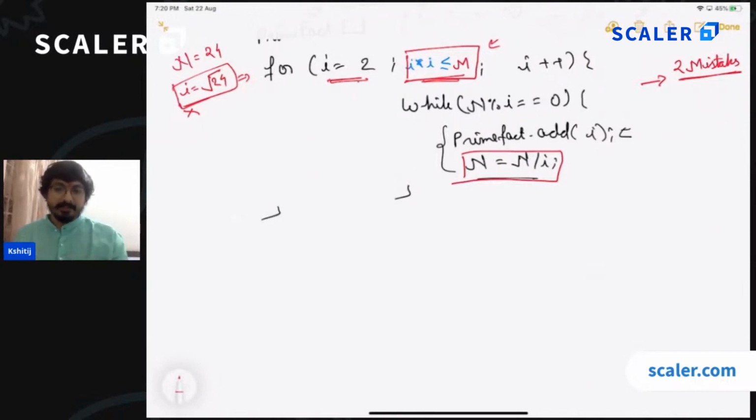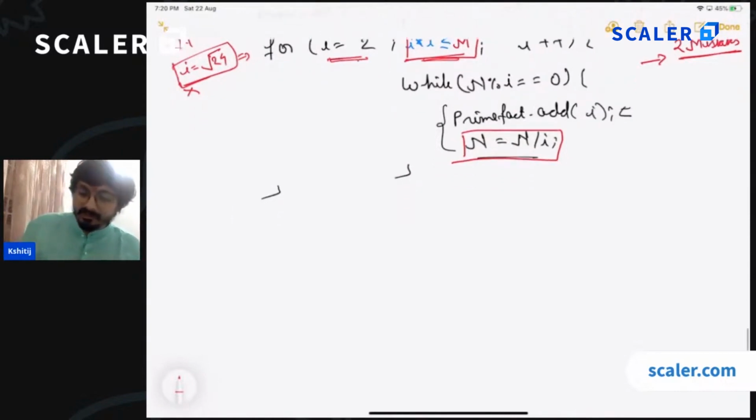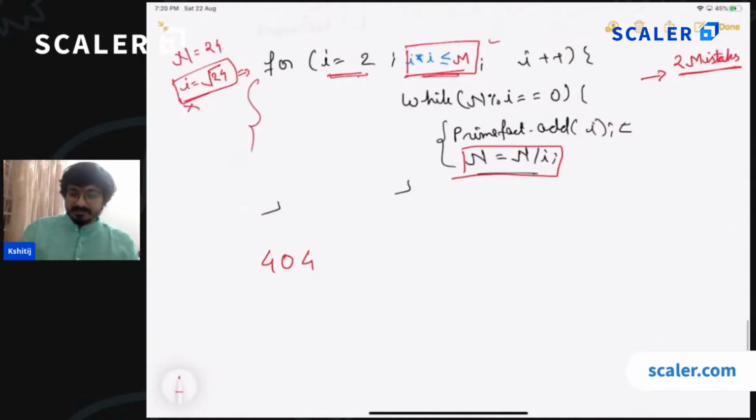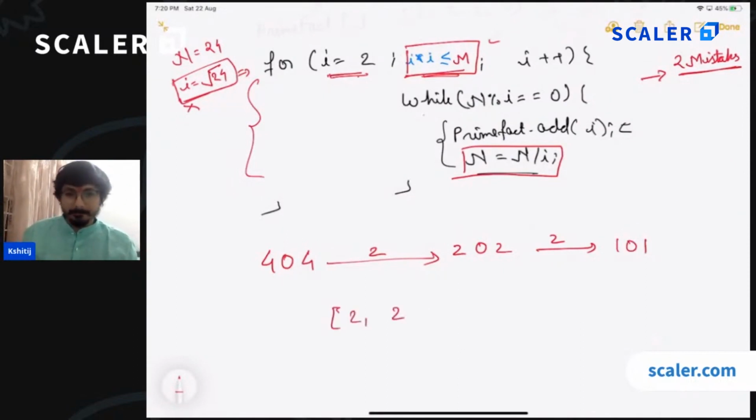For example, let us talk about 404. Okay, so for 404, how will this loop run? We'll start from 2. We check that 404 is divisible by 2. We divide it. Then we again check that this is again divisible by 2. We divide it. Now we have added 2 and 2 in the array. Now this is not divisible by 2.